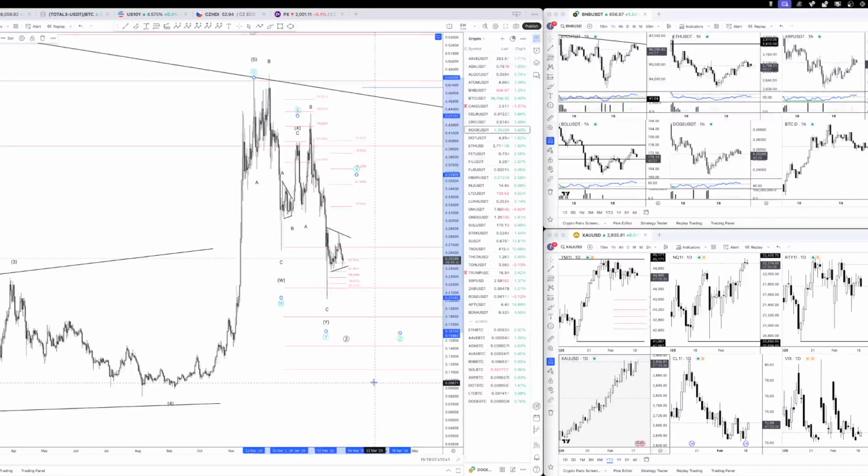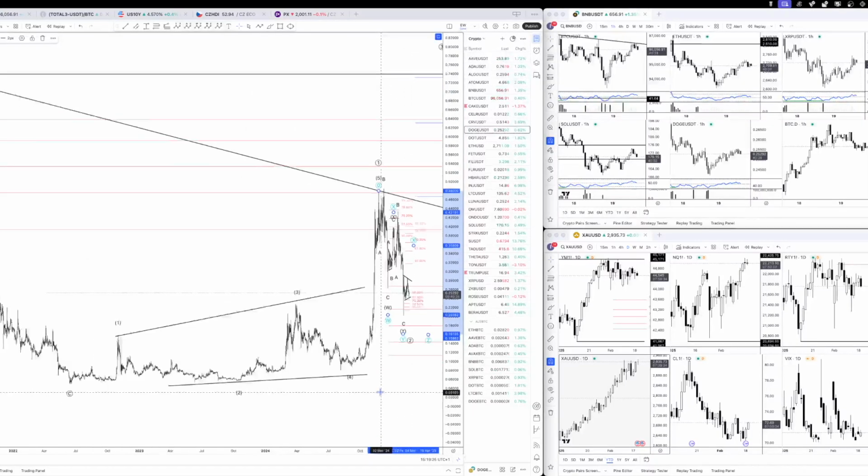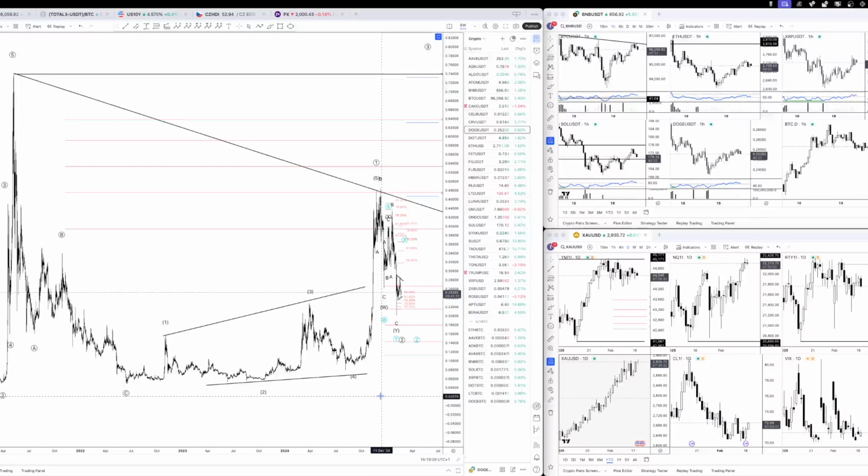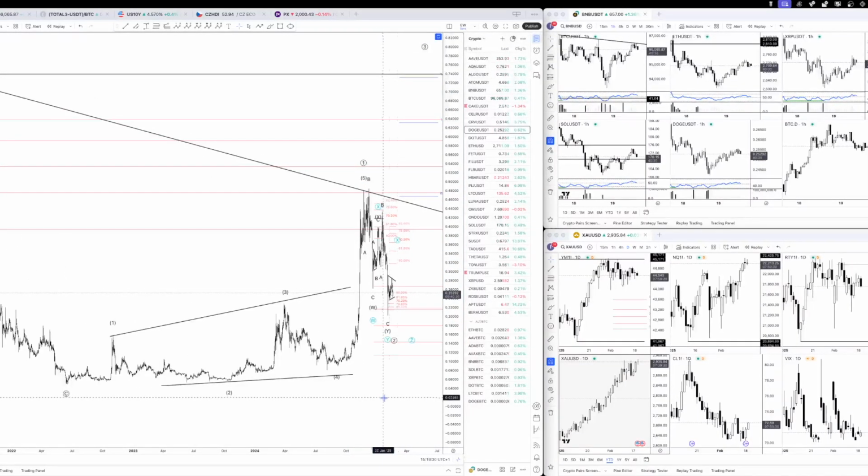Yeah, so the picture is not that obvious on Doge, and that's why I think it's important to look at the daily, so that you completely ignore the hype around the coin and everything that is happening with the Trump administration.